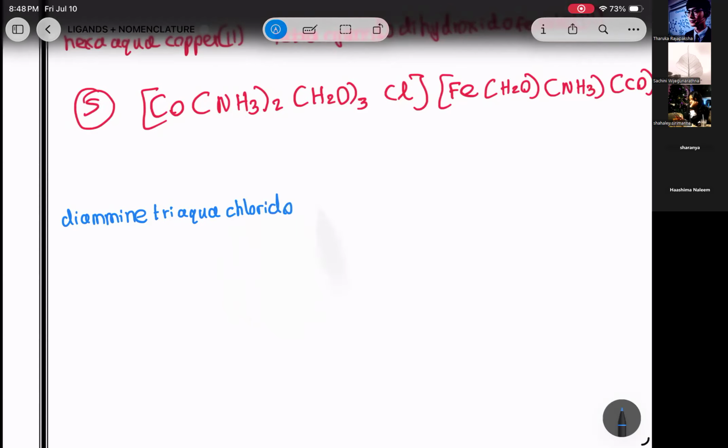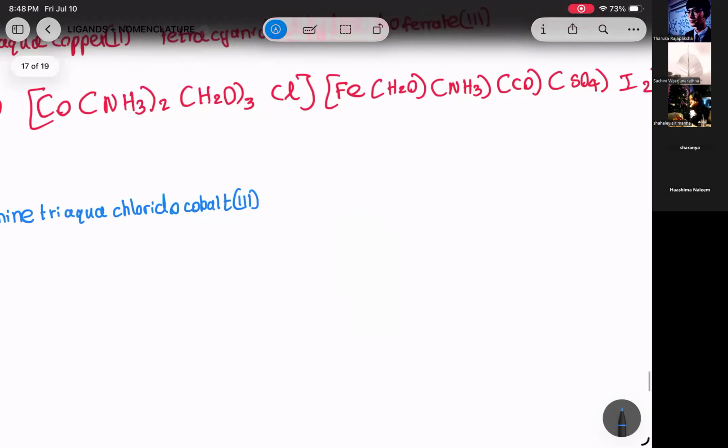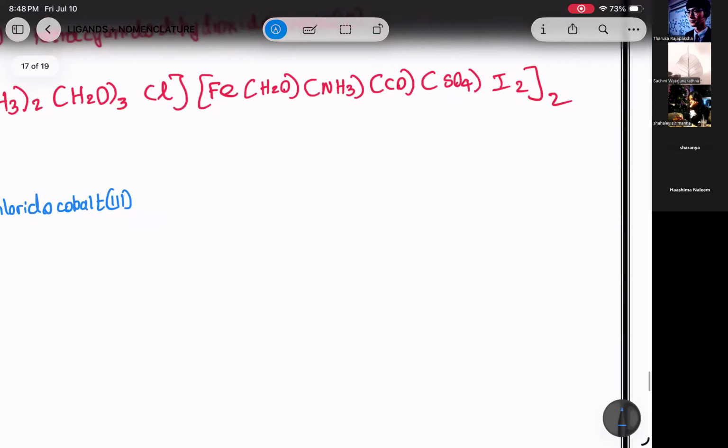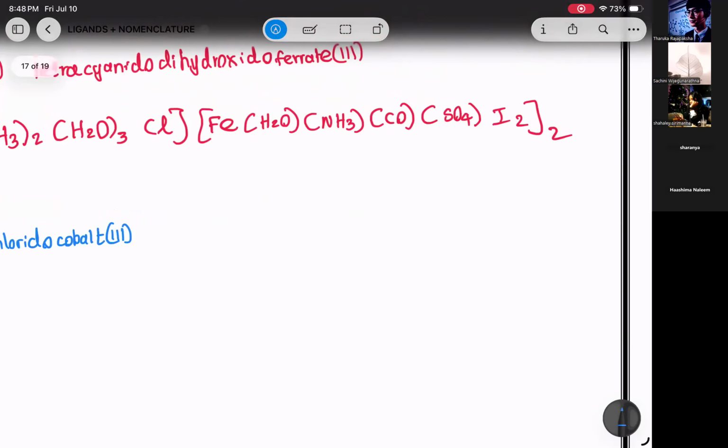Chlorido. Cobalt. 3. And then you write the anion. You have aqua, amine, carbonyl, sulfato, and iodido. First of all, you write amine.